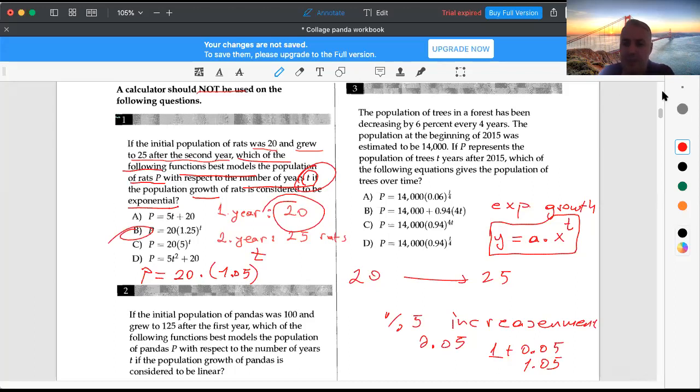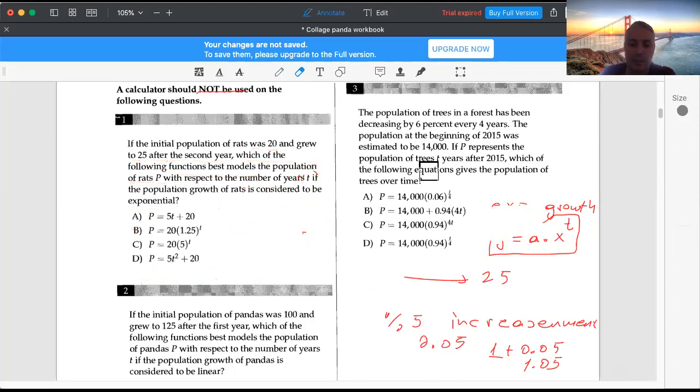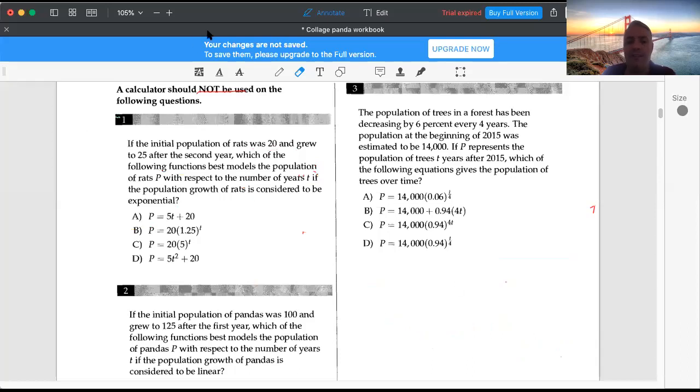Let me explain one more time. When we read the question, we should be careful. The question says, this is growth and exponential. So the question says to write one equation, which is exponential growth.